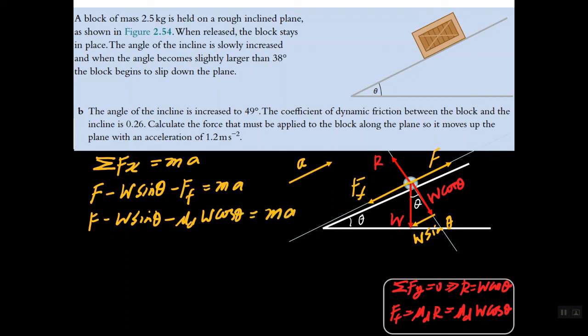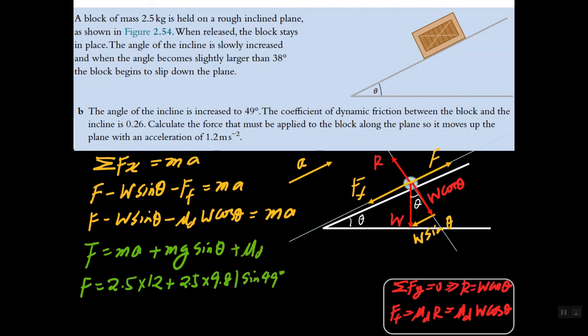Now we can rearrange and substitute values. F equals ma plus mg sine theta plus coefficient of dynamic friction times mg cosine theta. Mass is 2.5, acceleration is 1.2, mass is 2.5, acceleration due to gravity is 9.81, sine 49 degrees, plus the coefficient of dynamic friction 0.26 times the mass 2.5 times acceleration due to gravity 9.81 times cosine 49 degrees.